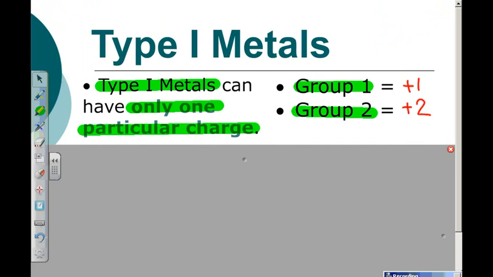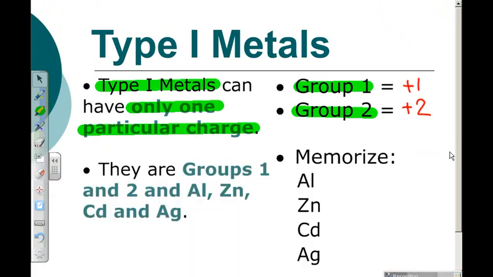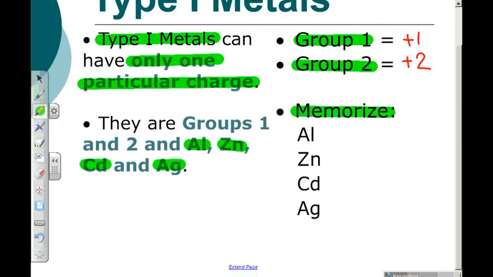Just to make life complicated, there are a few more type 1 metals. These metals, unfortunately, are ones we're going to have to memorize. The elements to memorize as also being type 1 metals that only have one particular charge are aluminum, zinc, cadmium, and silver. For those 4 elements, they always have one particular charge.